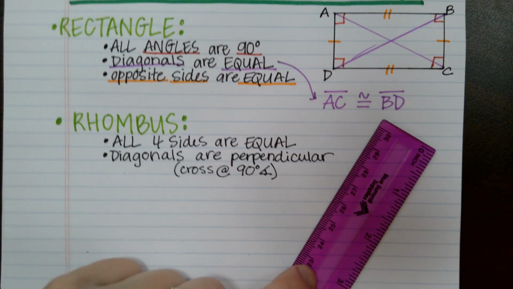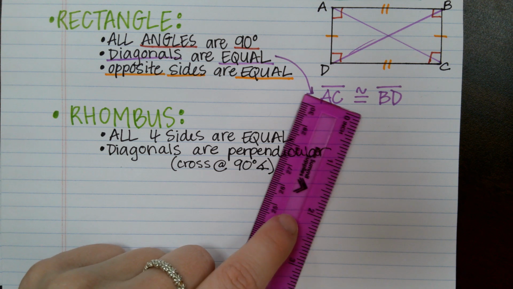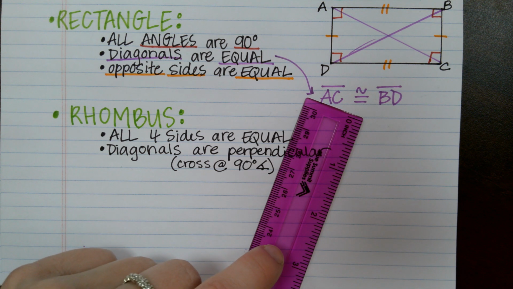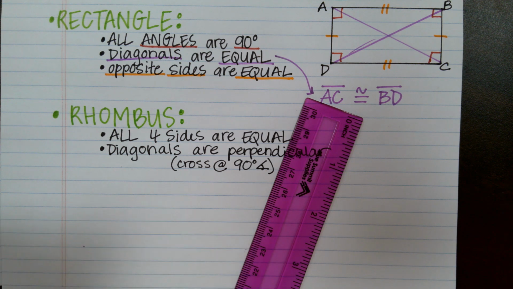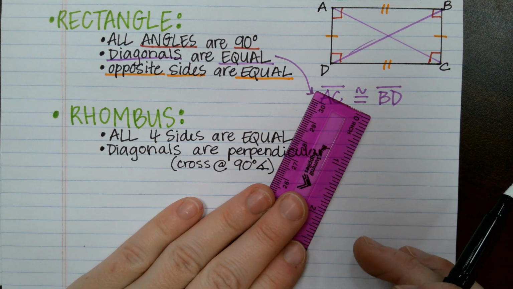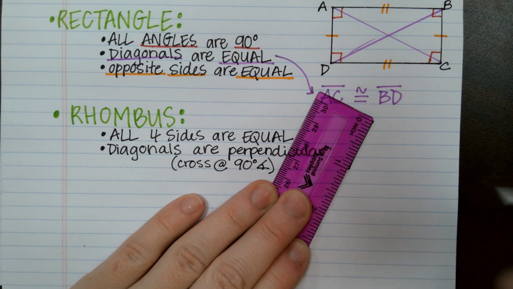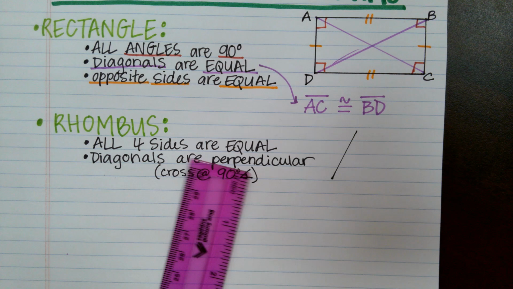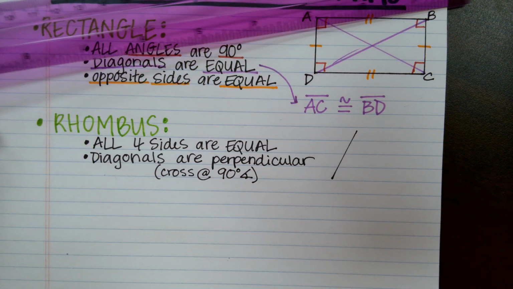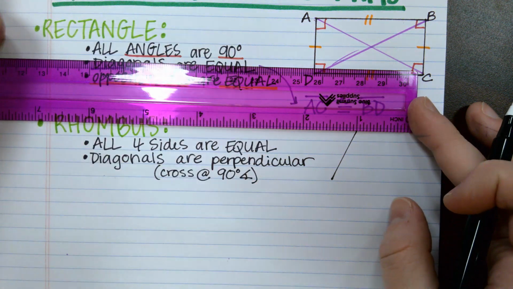Okay, so we're gonna draw a rhombus now. I'm gonna make it just 1 inch on each side. I'm gonna start with a tilted line. The same length, 1 inch.